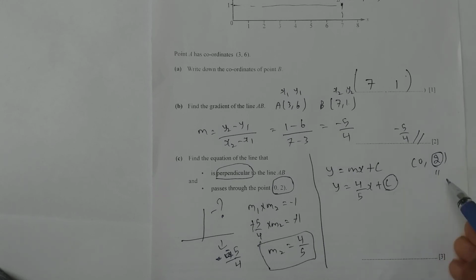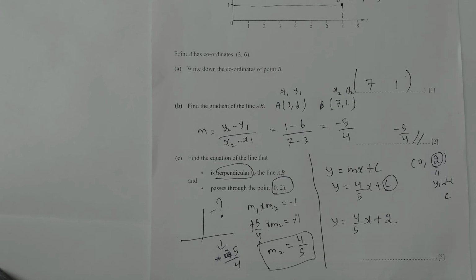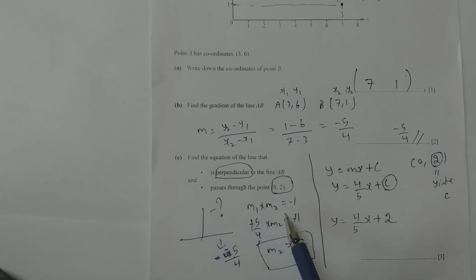So this 2 is nothing but its y-intercept, which is the value of c. So directly y equals 4 by 5 x plus 2. Or even if you substitute, you get the same result. Am I clear? Only one catch: perpendicular means you need to go with m1 into m2 equals minus 1. And the rest all is the same.